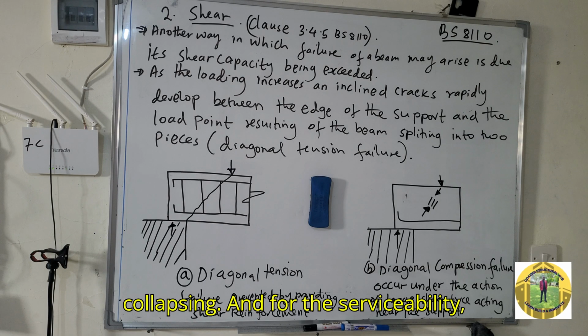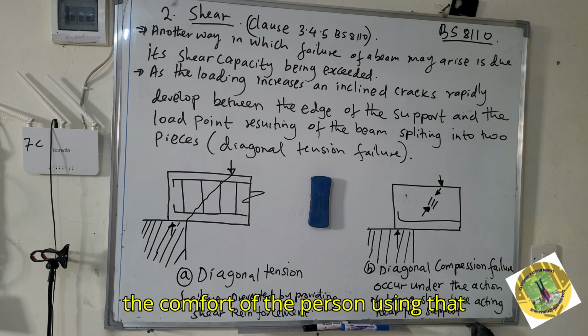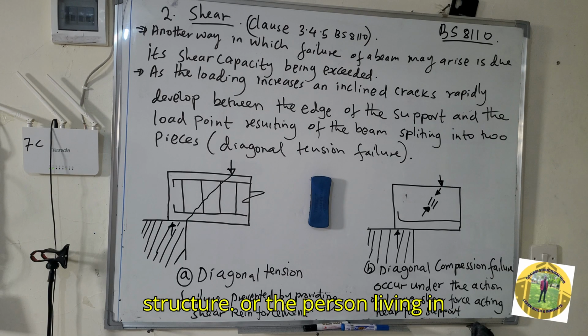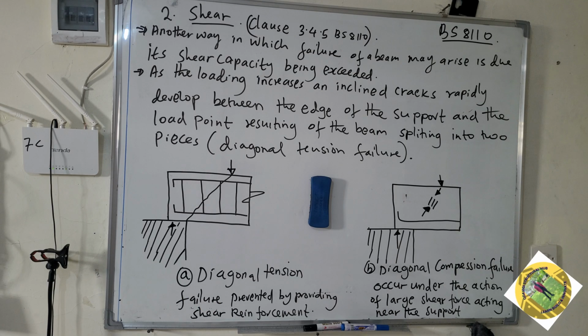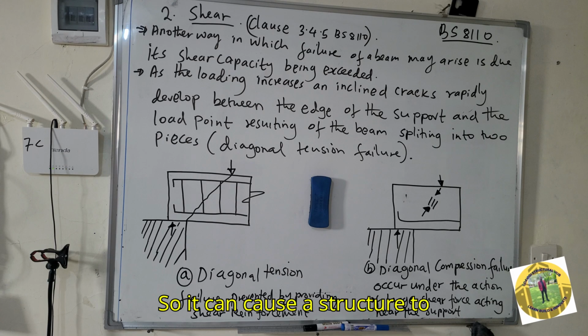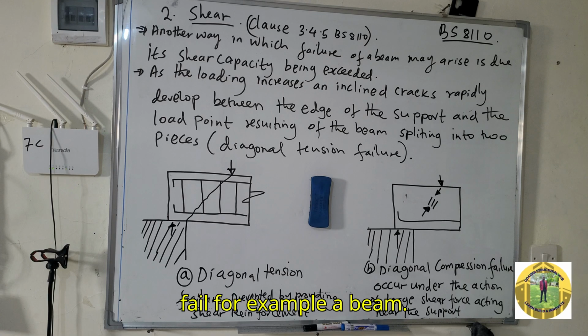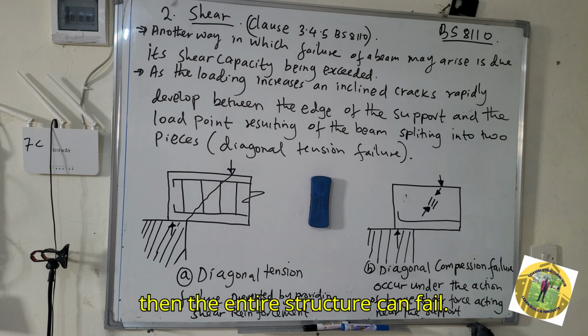For the serviceability, you design a structure for the comfort of the person using or living in that structure. So shear is categorized under ultimate state. Shear can cause a structure to fail. For example, a beam is an element of a structure, so if a beam fails, then the entire structure can fail.